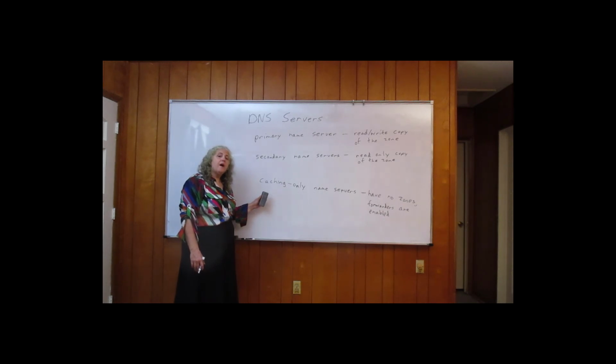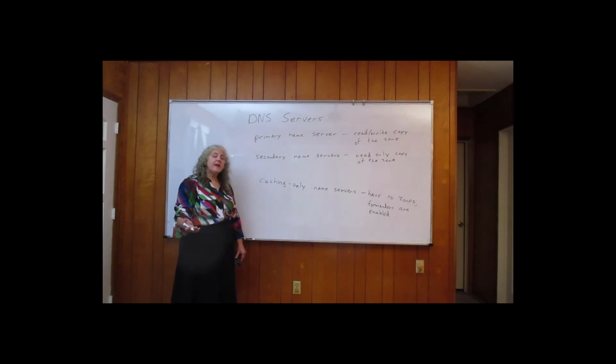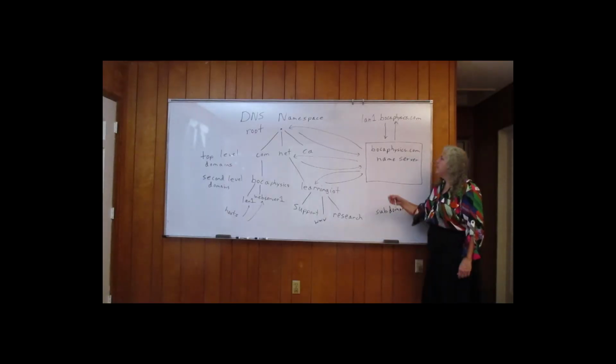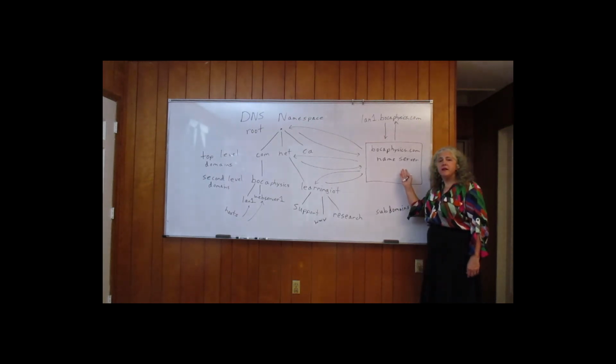Caching-only name servers are not the only name servers that cache name to IP address mappings from the zones in which they are not authoritative. Primary and secondary name servers also perform this caching. Let's look back at how this caching occurs and the purpose of it for a primary name server. Both primary and secondary name servers also cache name to IP address resolutions.